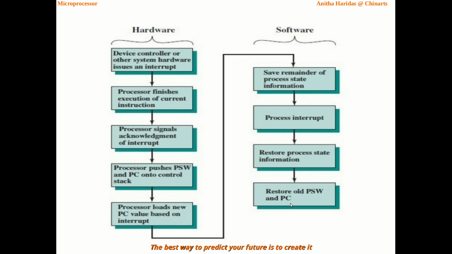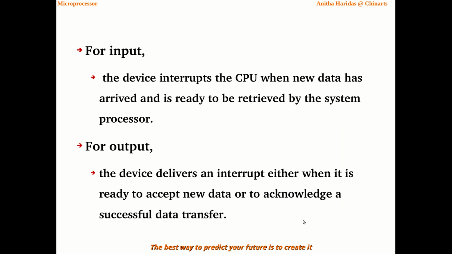Where will you have the return address? Whatever return address we had in the program counter, that is saved in the memory stack, so that will be restored from the memory stack. What are the things that will be restored? Both the program status word and the program counter value. So both will be restored and that will be executed.